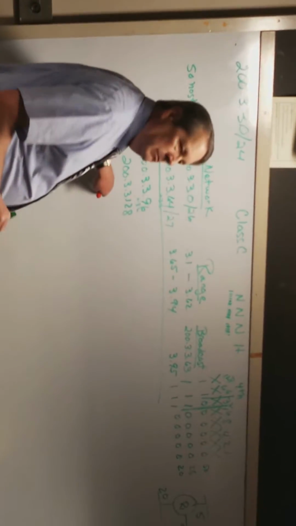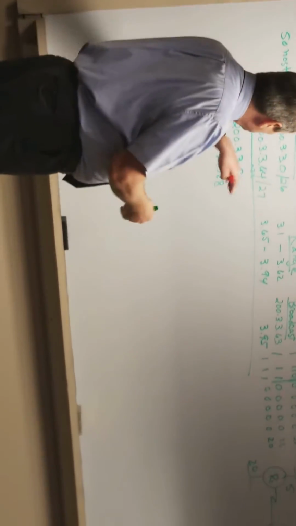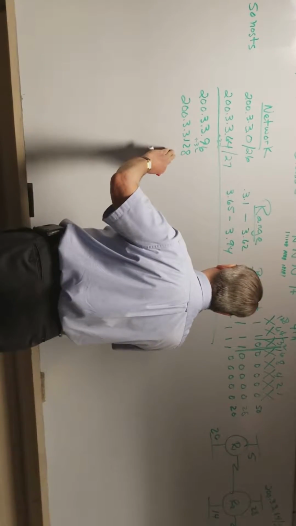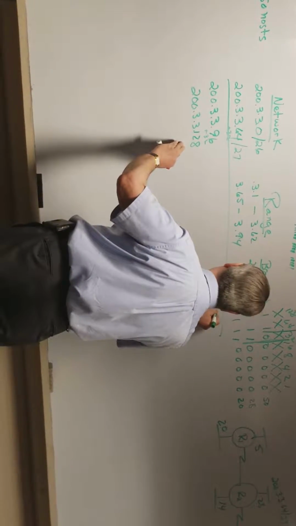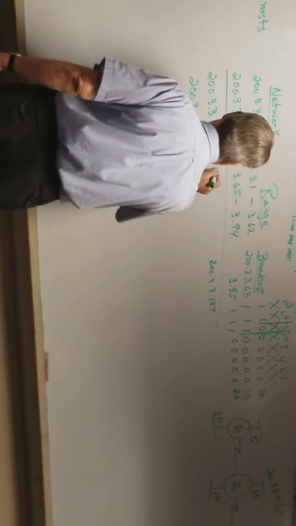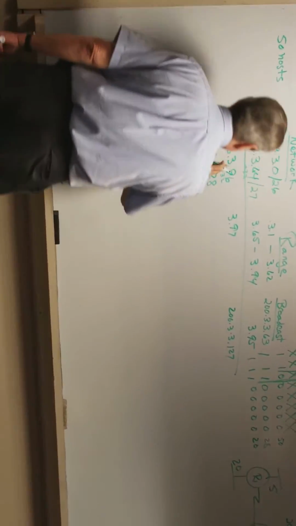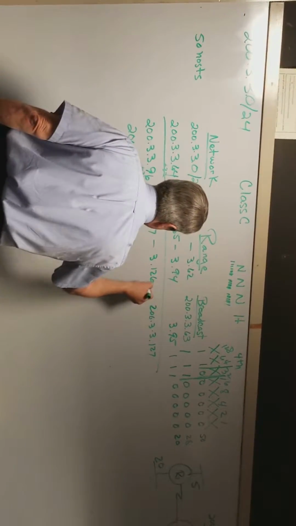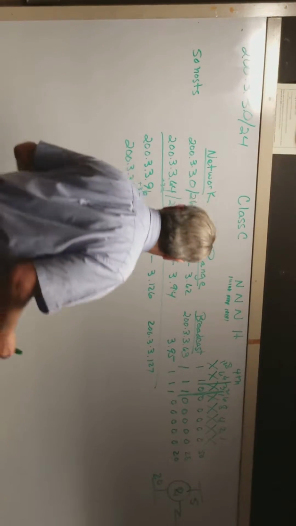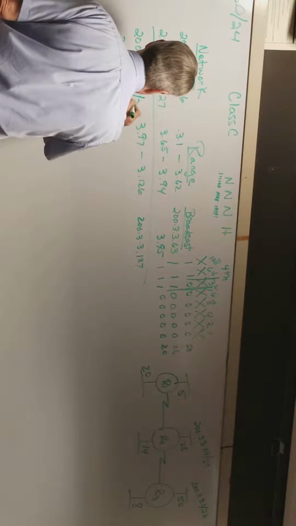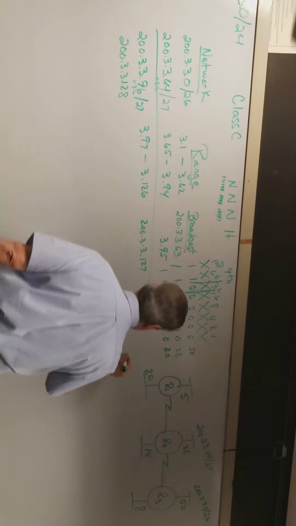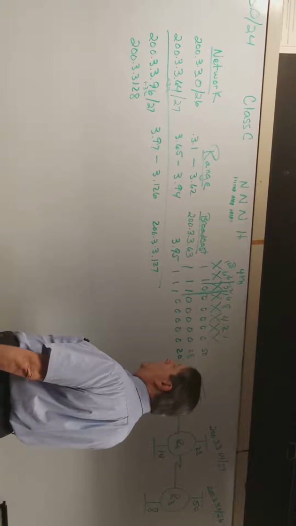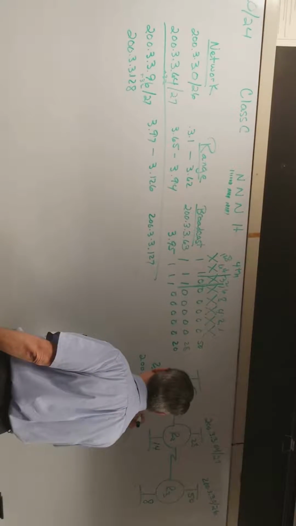I always write this down, even if this was my last network, so that I can subtract 1 from it and come up with 200.3.3.127. So I'm going to go from 3.97, one more than this, to 3.126, one less than that one. This is slash 27. So I assign that here, 200.3.3.96 slash 27.